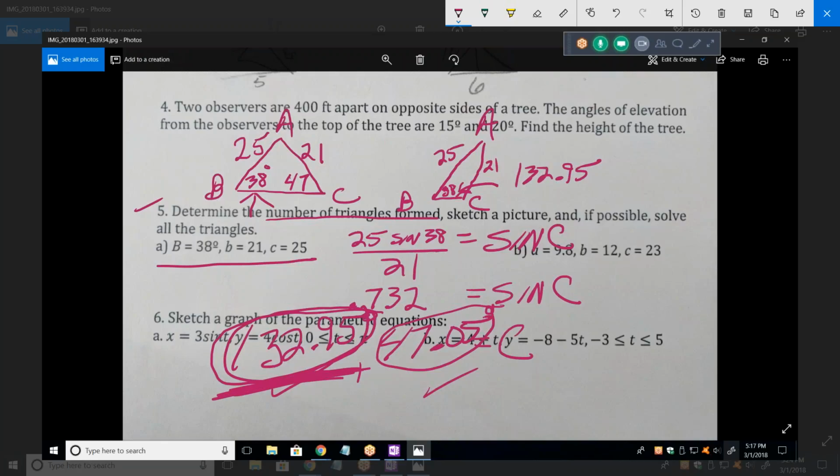In other words, you take this second angle, you add it to the only known angle, 38 degrees, not the 47 that we calculated, but the 38, and if it comes up to less than 180, it works. If it comes up to more than 180, you cross it out and go with the one triangle only.